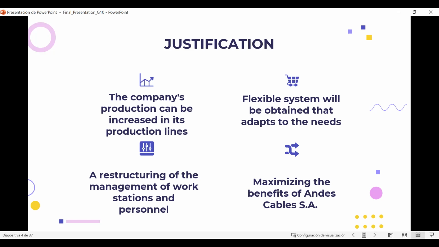It will be possible to develop a restructuring of the management of workstations and personnel, reducing the delivery time between each station and the lost production that is not properly stored. In this way, a flexible system will be obtained that adapts to the needs without losing or reducing the production of the plant.